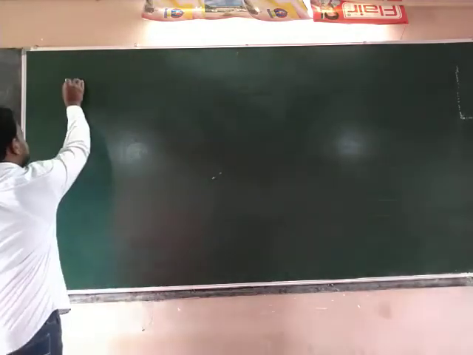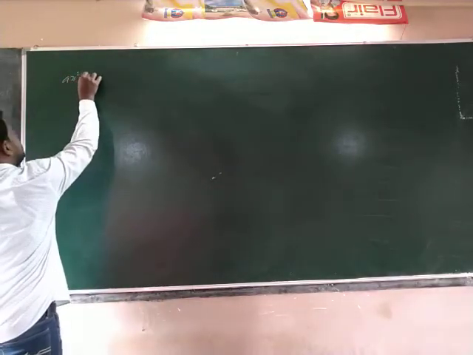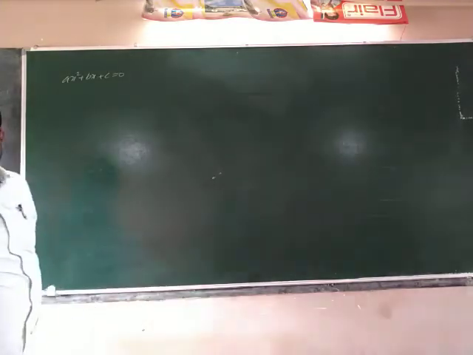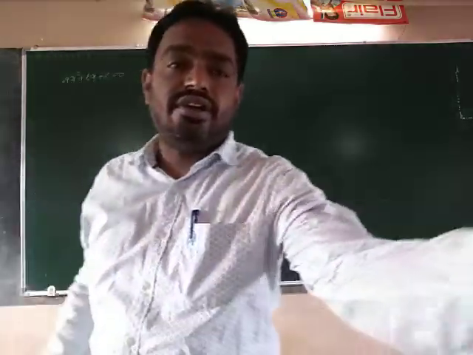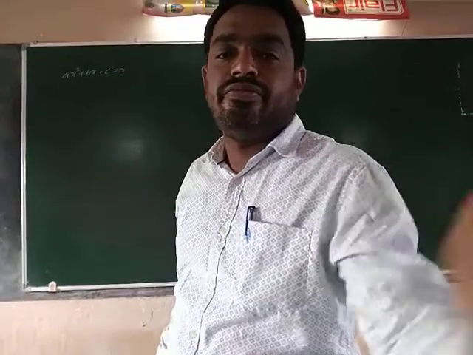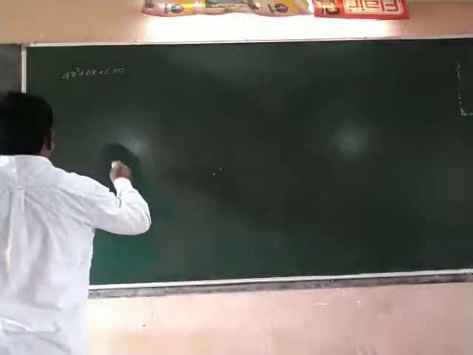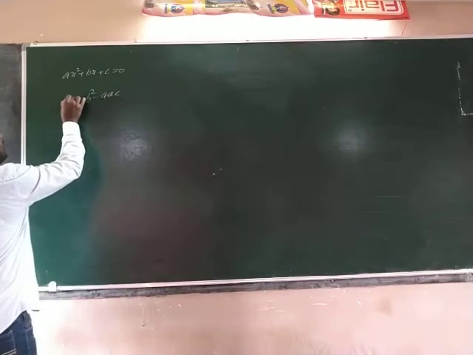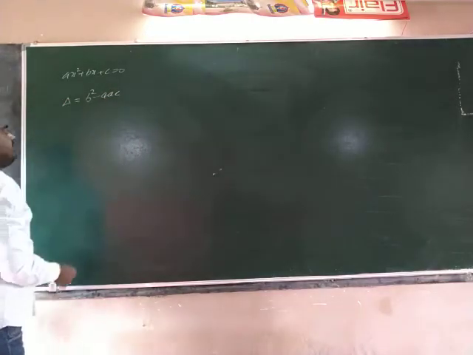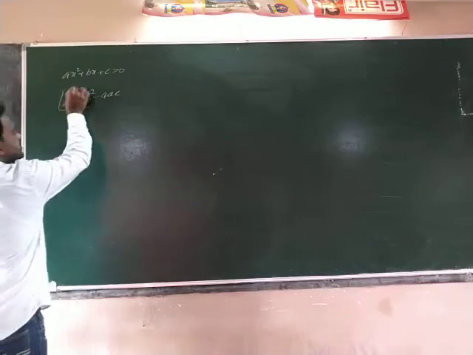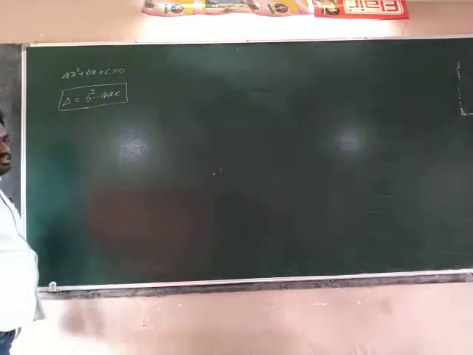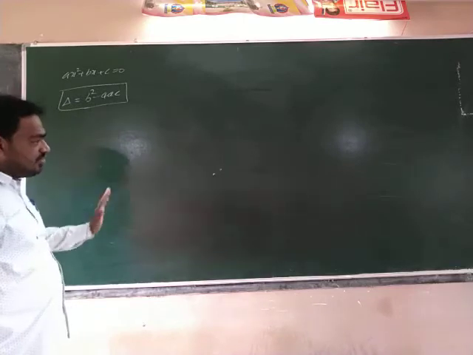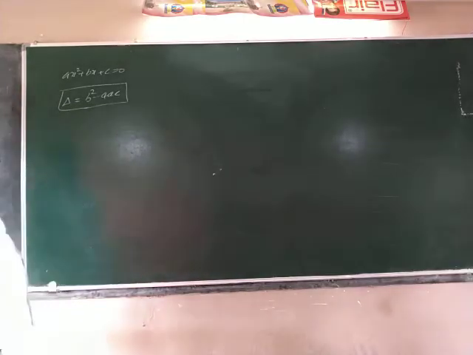First, ax square plus bx plus c equal to 0 is the quadratic equation. b square minus 4ac is called the discriminant. It is denoted by delta. Delta is equal to b square minus 4ac. It is the discriminant. Already covered in class. Once you revise it, because it is important.